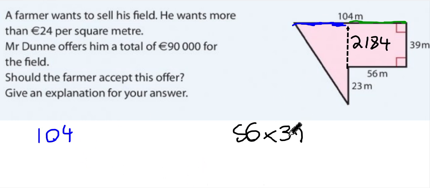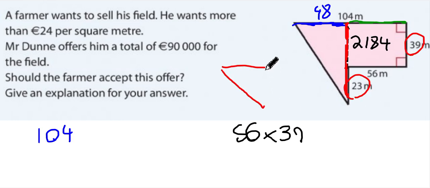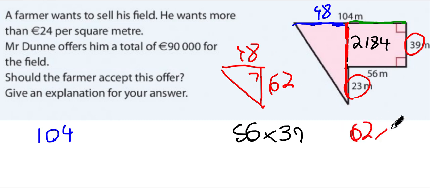Okay, so the blue line's 48. Now, what is the height of the red line? 39 plus 23. What you get? So it's 62 and 48 is the dimensions of the triangle. So multiply 62 by 48 and half your answer, because it's a triangle, not a rectangle.